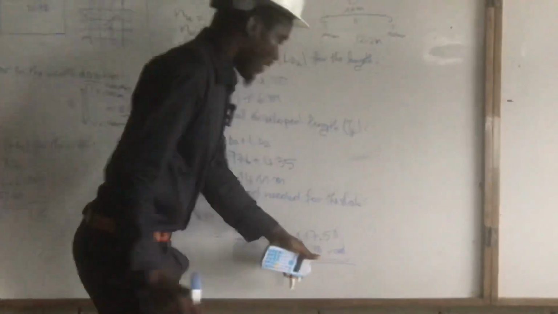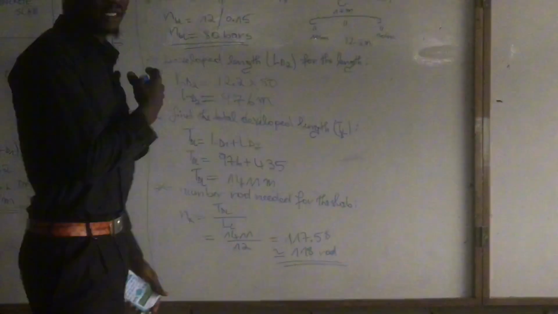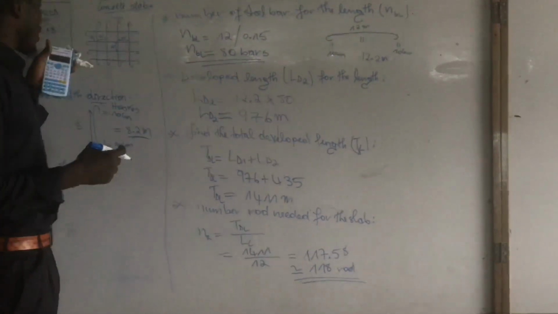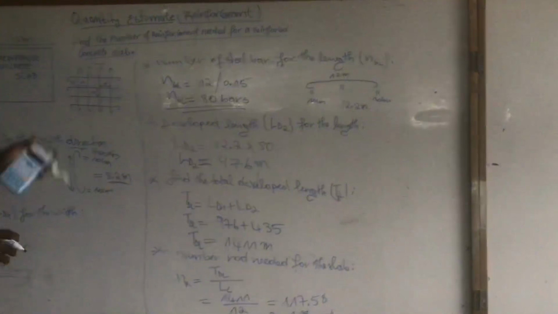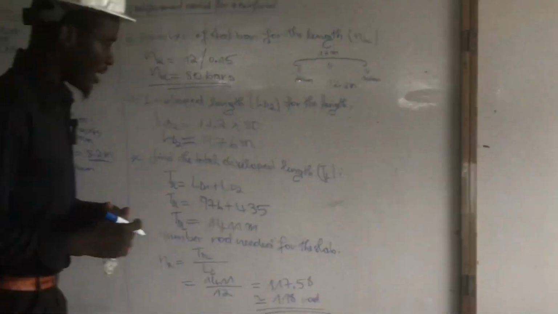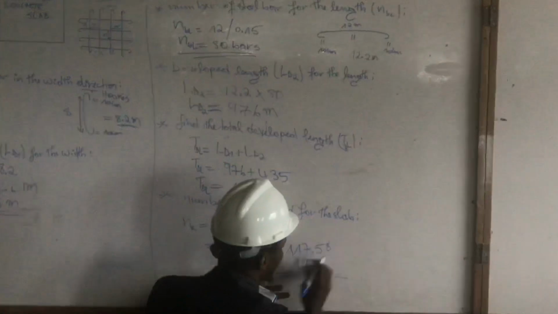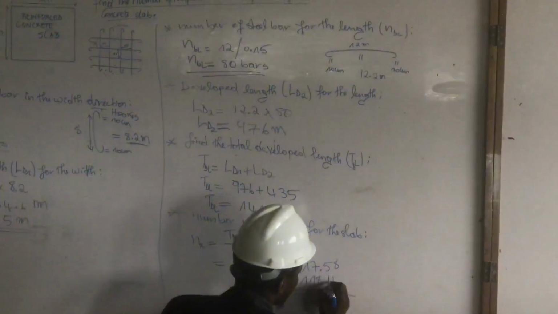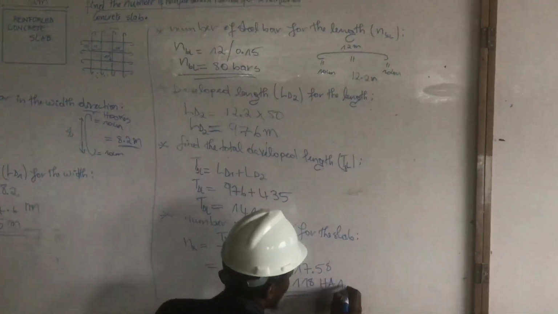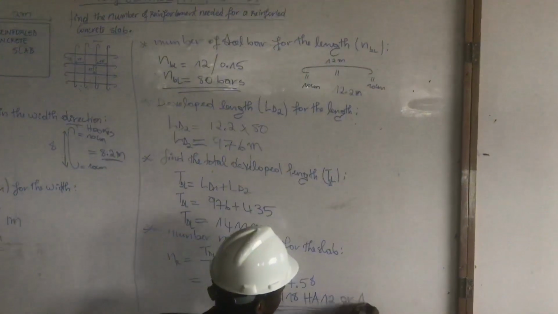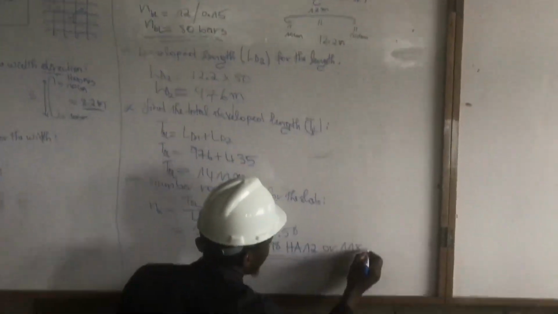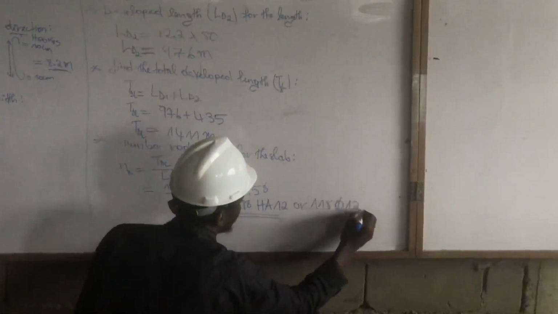So the final number of rod that we need for this slab, to make the decking, is 118 rod. Always write it this way: 118 HA 12, diameter 12.